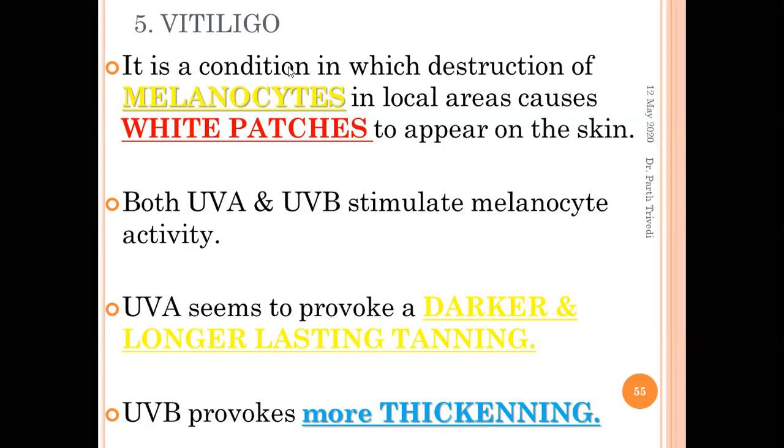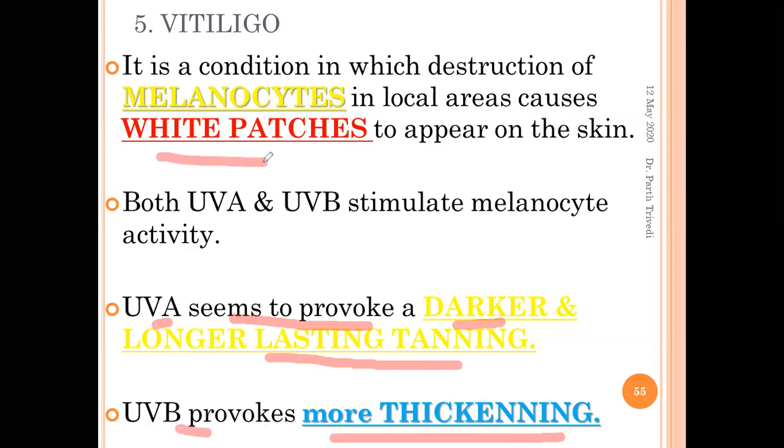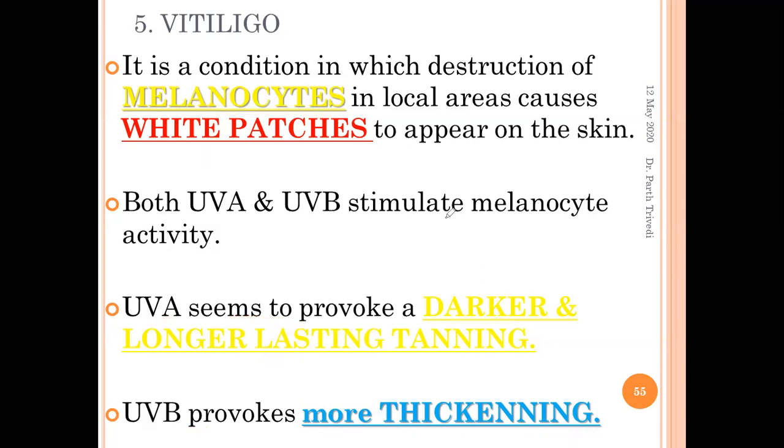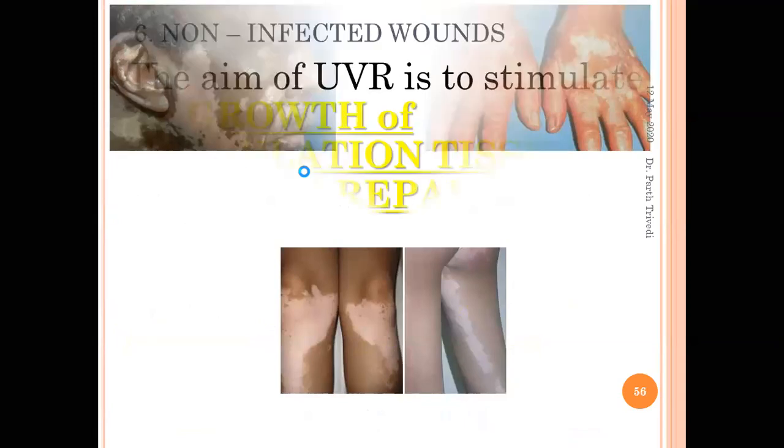So that means we need a larger UV or long lasting effects of UVR. So UVA is used and UVB provokes more thickening. So for increasing the melanocytes, you need a high intensity or longer duration of dosages for vitiligo. So this is your vitiligo.